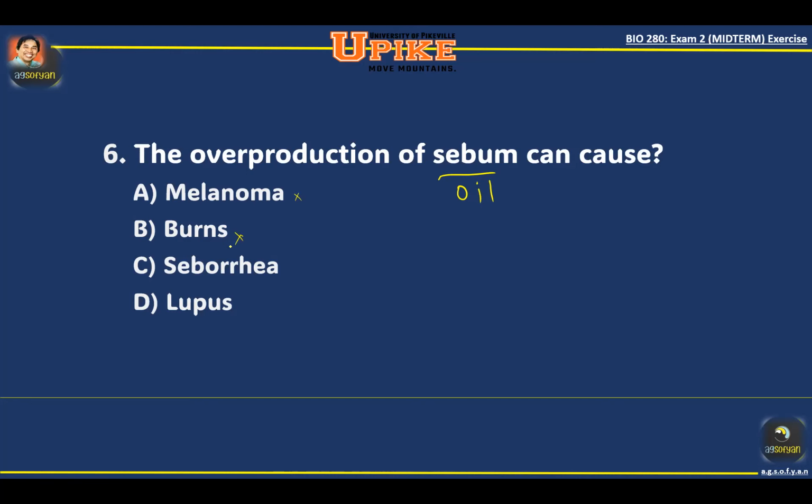Lupus is a type of autoimmune disease, which is not. So seborrhea is the correct answer. It means the overproduction of sebum oil, the overproduction of skin oil.